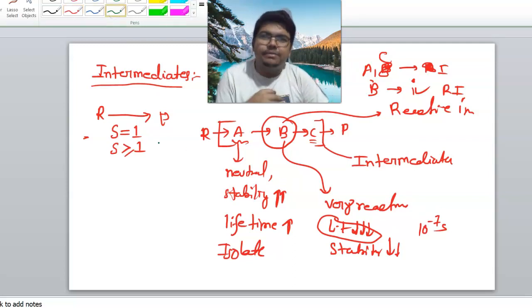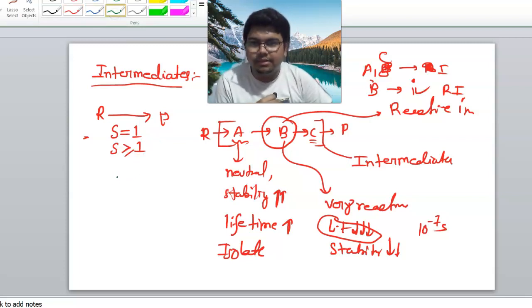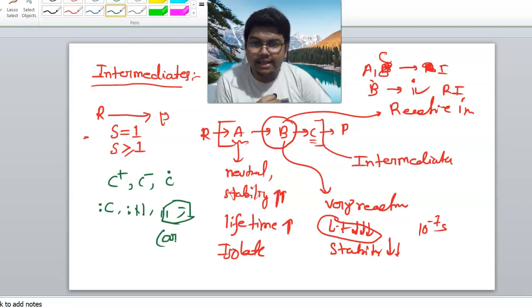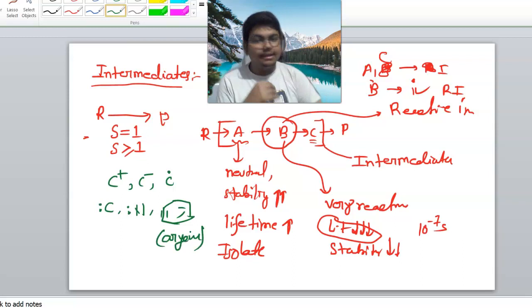There are a few reactive intermediates known till now. These are carbocation, carbanion, free radical, carbene, nitrene, and benzyne. This is a type of arine, A-R-Y-N-E.